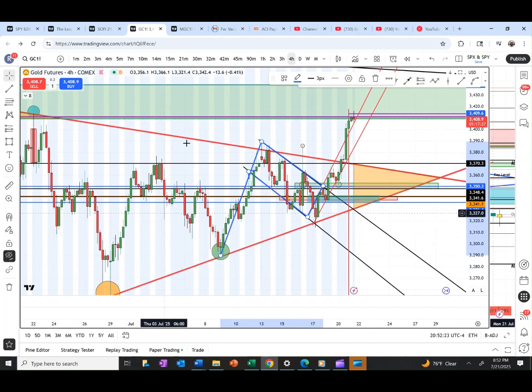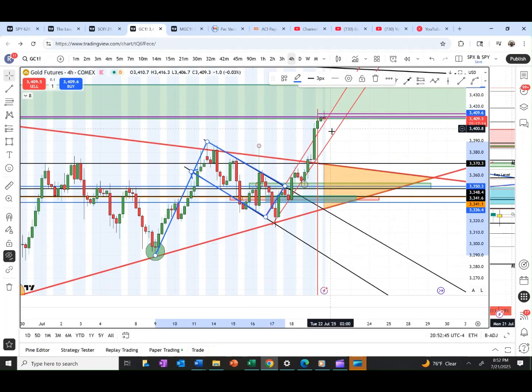The wedge and flag finder indicator that I have did not pick this up, but when you've been looking at the charts for so long and you're doing a bunch of tape reading, you start seeing the patterns that form relatively quickly. And so this bull flag right here, I definitely saw forming.